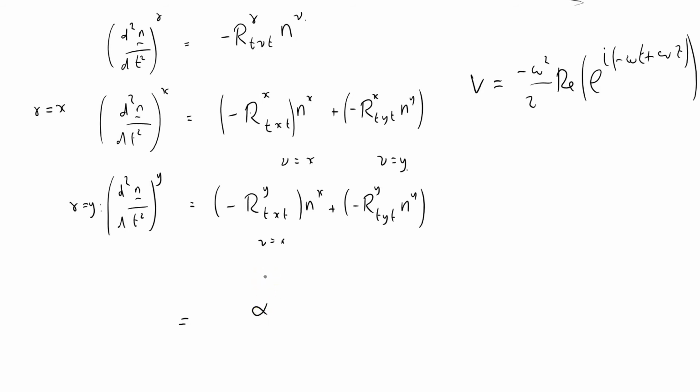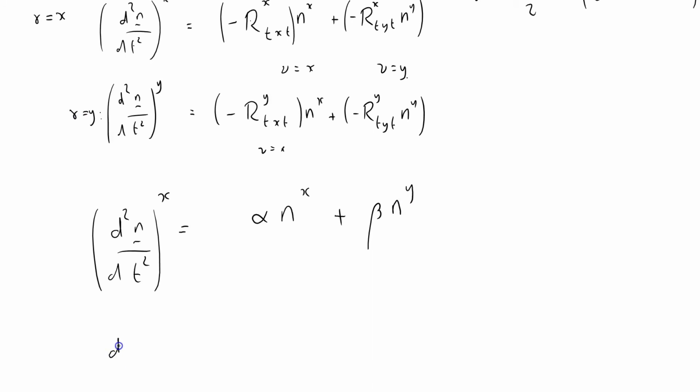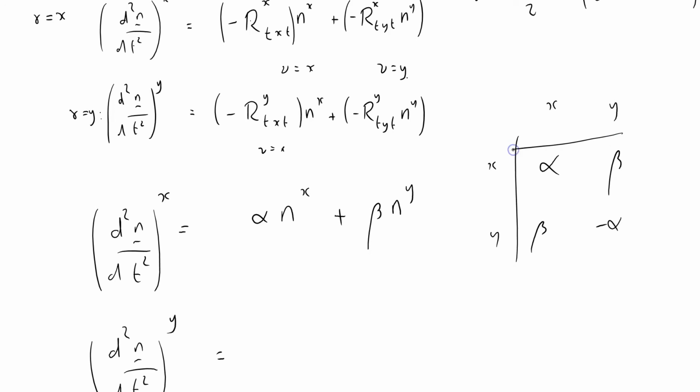So let's write it out. d2n by dt squared, component x, equals alpha times n x plus beta times n y. For the y component, x and x gives me alpha, and x and y gives me beta.